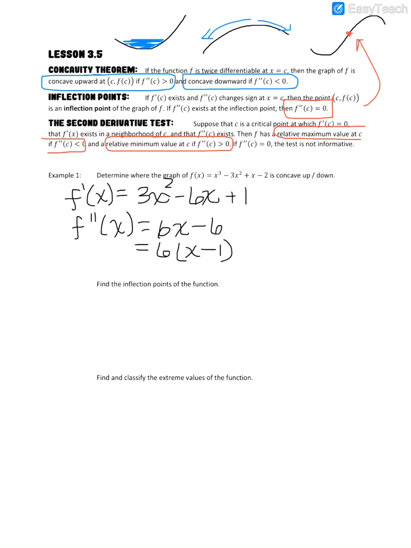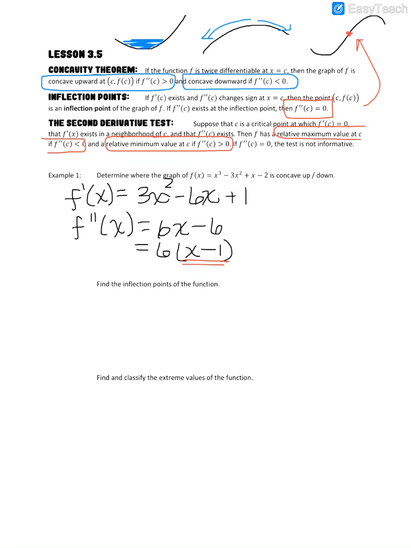Okay, so concave up, concave down. I want to think to myself, what values of x are going to make this positive? What values of x are going to make this negative? And you should notice here at 1, it's 0. So I know that before 1, it's either going to be positive or negative, and then after 1, it's going to change.